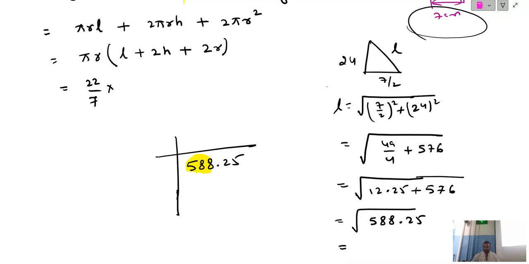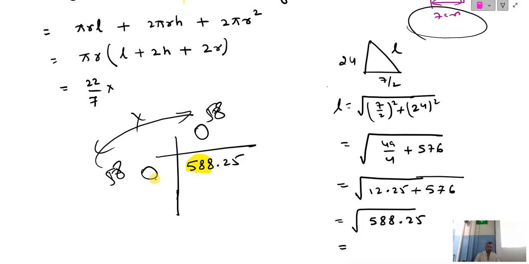588 is there. Now, whatever number you take here, you have to take the same number here. If you take 10 here, here also you should take 10. If you take 58, for example, here also you should take 58. Same numbers. If you multiply these two numbers, you should get 588 or nearest to 588. Which is the number? 24. 24 times 24 is 576, which is nearest to 588.